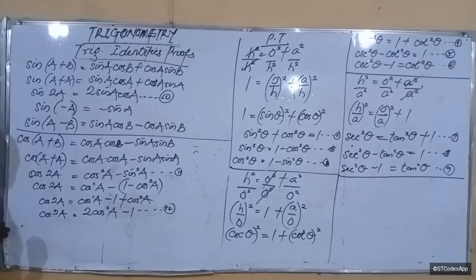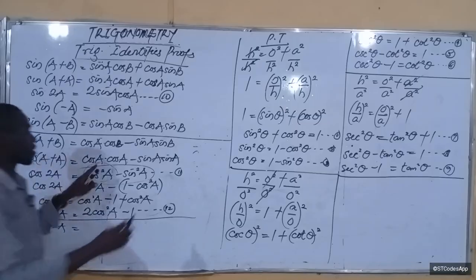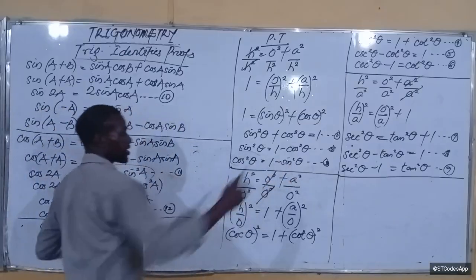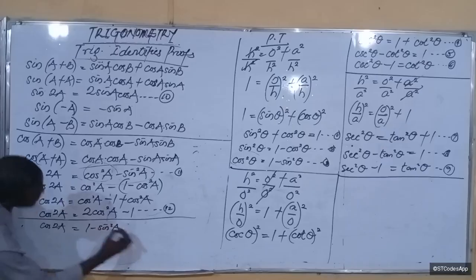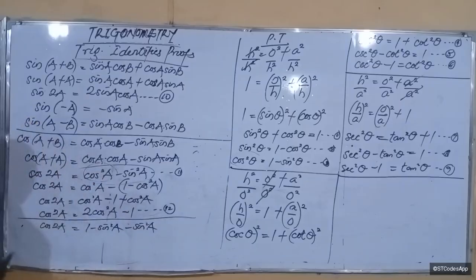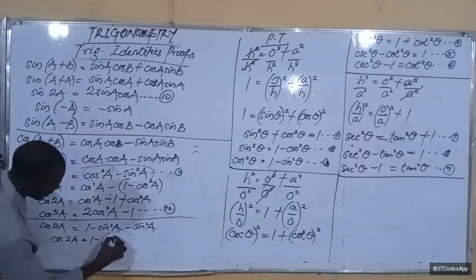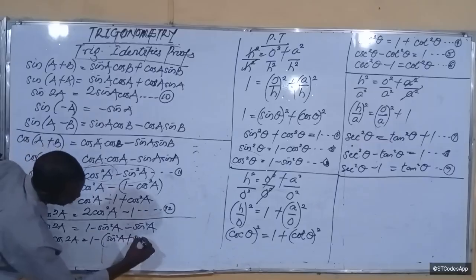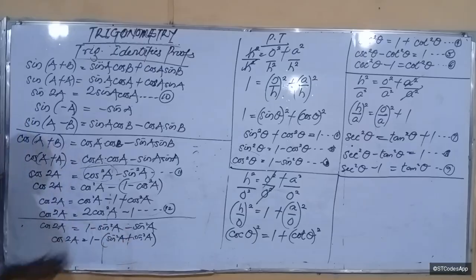Or the third way we can write it is in terms of sine. If you want to write it in terms of sine, we'll just substitute for cos squared A, which is 1 minus sine squared A. So 1 minus sine squared A minus sine squared A. So cos 2A becomes 1 minus, in brackets, sine squared A plus sine squared A. If you open the bracket with minus, it will give you back this minus, right?